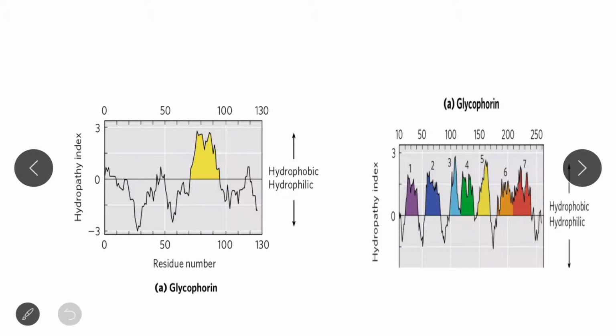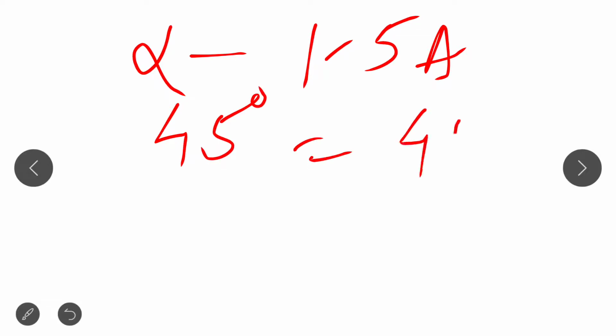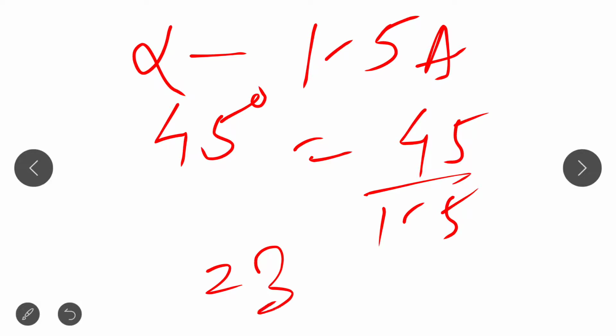We can calculate through a formula. The length of the alpha helix is 1.5 angstrom, and we already know the membrane width is about 45 angstrom. So if we divide 45 by 1.5, we conclude that roughly 30 amino acids are present.